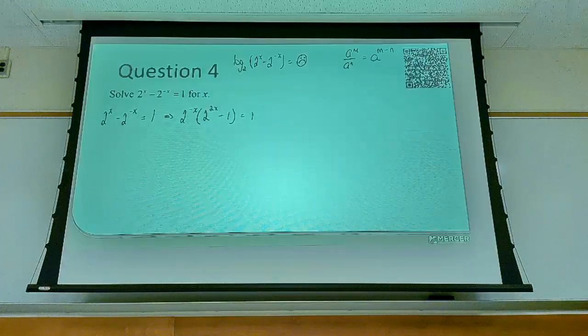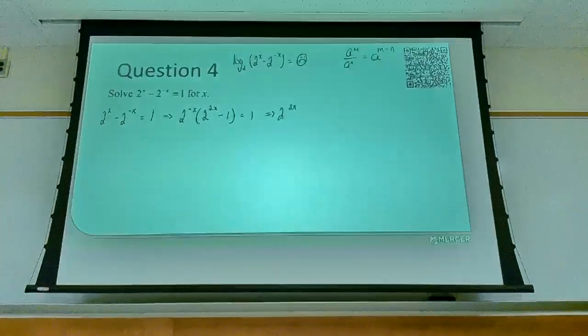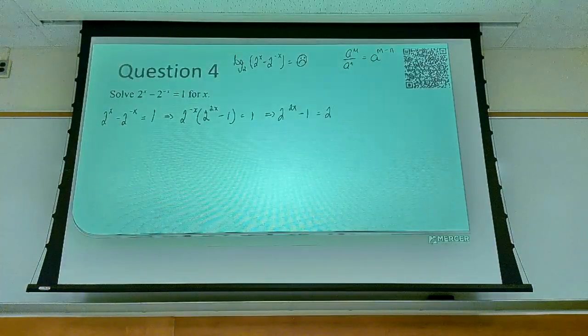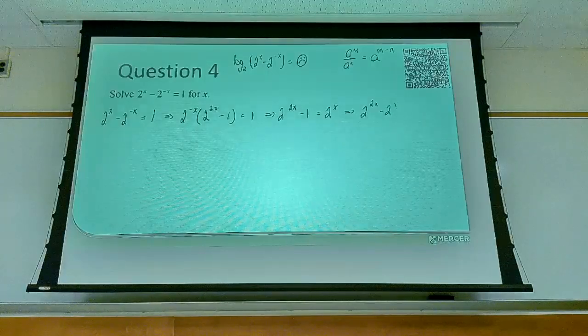Multiply both sides by 2 to the x. Then move everything to the left-hand side and leave the right-hand side as 0.